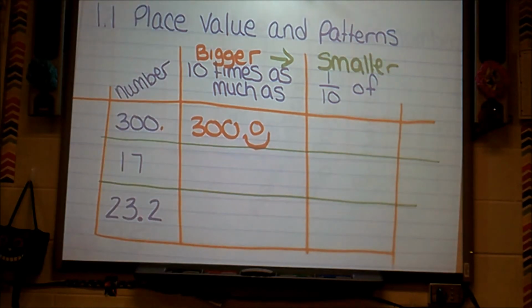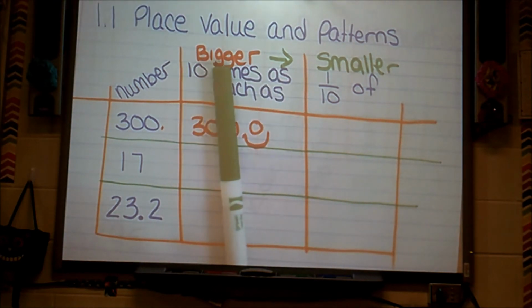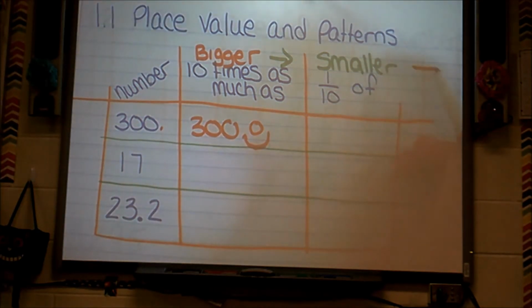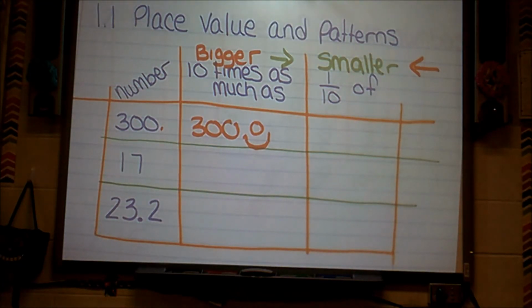So if moving my decimal to the right makes my number larger, then I would bet I could move my decimal to the left in order to get a smaller number, a number that is 1/10 of its current size.